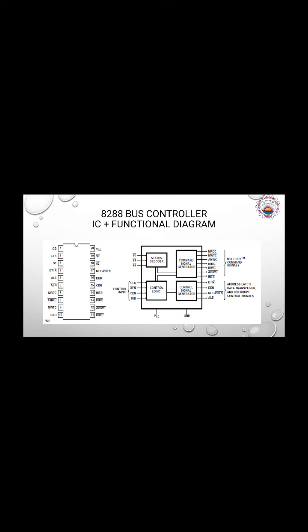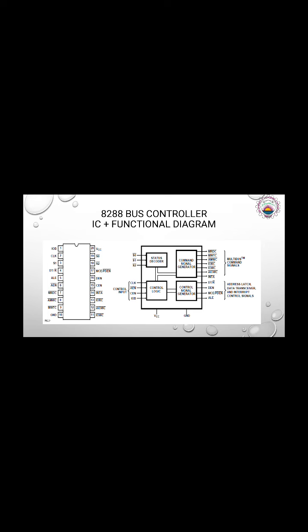Memory read control signal is present, MRDC bar, MWTC bar, memory write control signal. Then there is AMWC, advanced memory write control signal. Then there is IORC bar, IO read control signal. Then there is IOWC bar, IO write control signal. Then there is AIOWC bar, that is advanced IO write control signal.